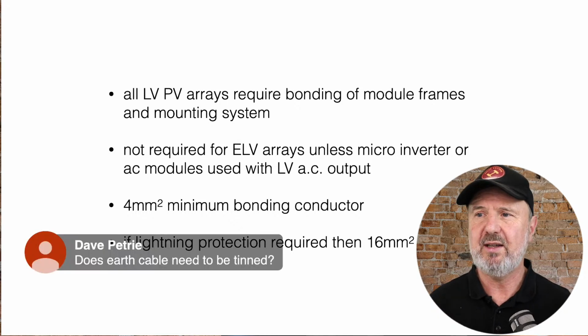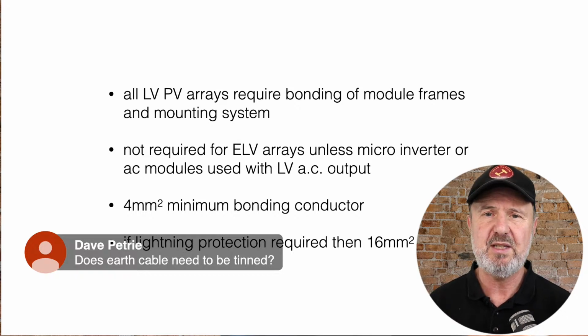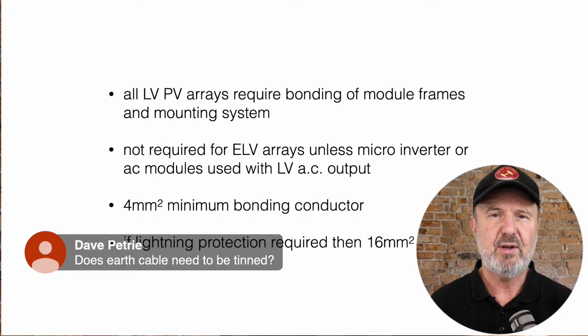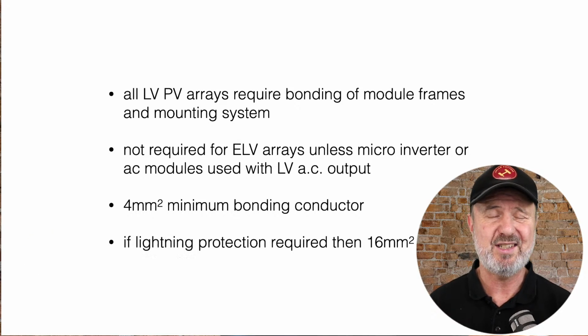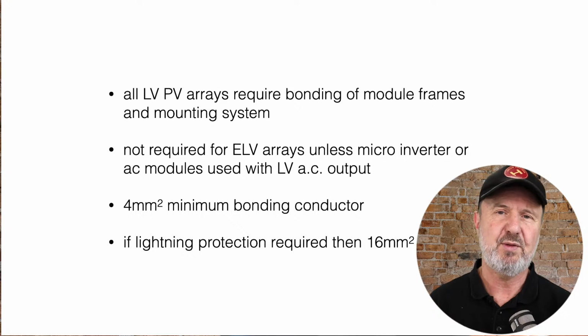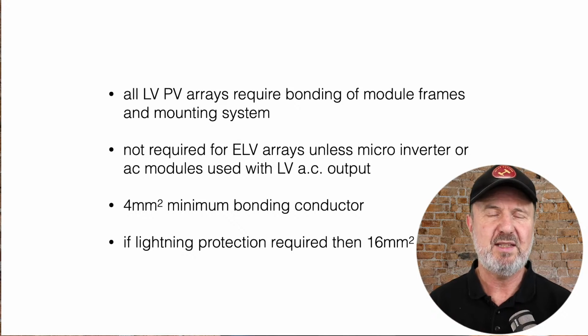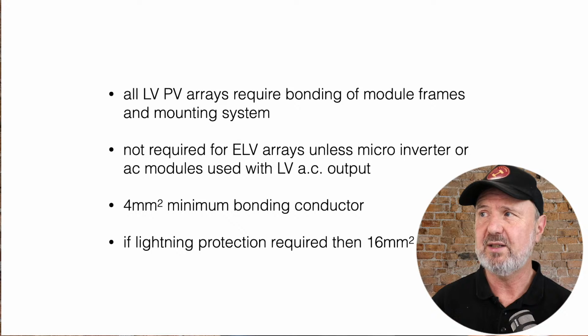And we've got a question here. Let's have a look at it. Okay, so thanks, Dave. Does the earthing cable need to be tinned? Now, there's a requirement in the standard that there is a definition for the PV array cable. The PV array cable has to meet a certain solar standard. It's often just referred to as solar DC cable, but that doesn't apply to the earth conductor.